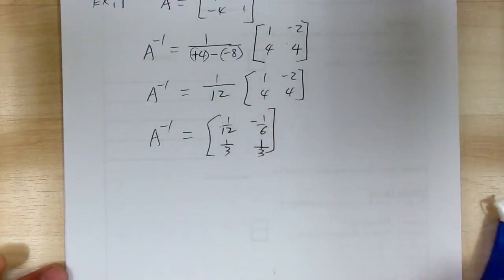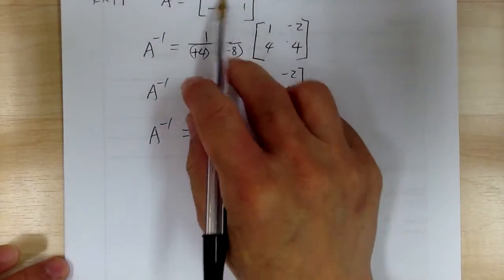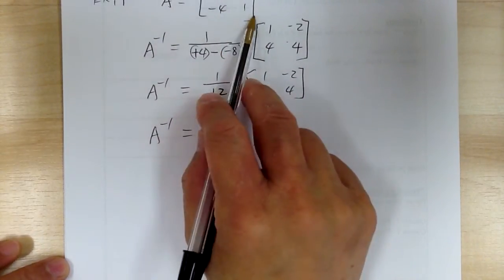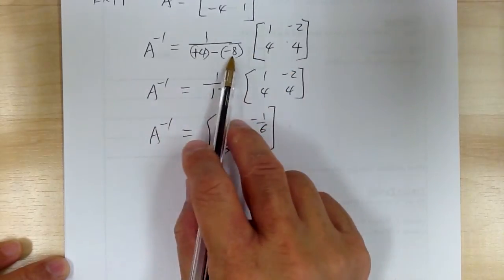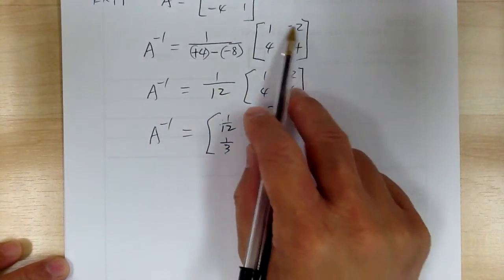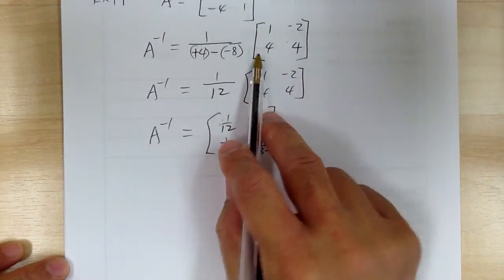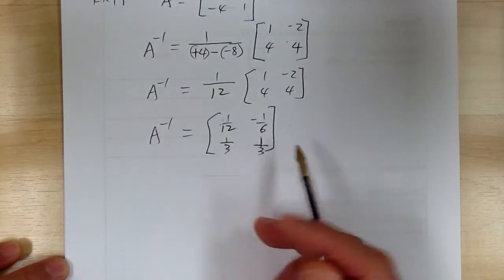Okay, there we go. So again, it's 1 over the determinant, so make sure you get your determinant first. This is the positive diagonal minus the negative diagonal. Then you switch the numbers, change the sign, and after that you work it out, and that's it.